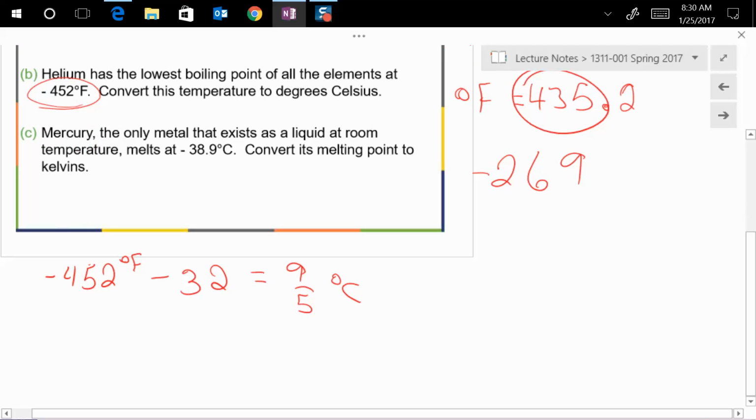Now, what is that? Who has that? Negative 452 minus 32, negative 484. Oh, I'm sorry, 4, 8, 4. Equals 9/5 degrees Celsius. 484 times 5, that's the next step.